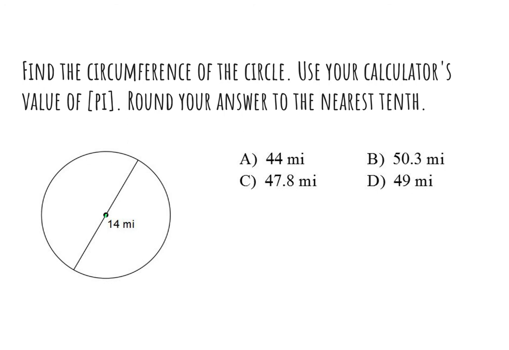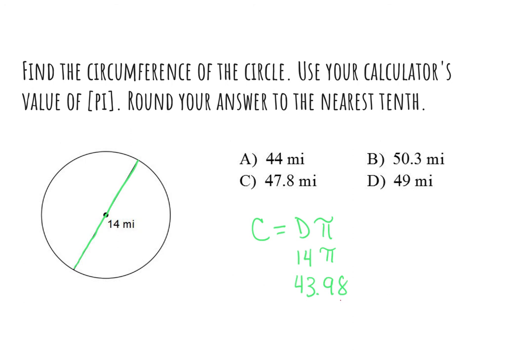Again, I identify my information because this line is cutting through the center and it goes from one end to the other. That is the diameter. So my formula will be C is equal to diameter times pi. Our diameter is 14. So 14 times pi is going to give me approximately 43.98.